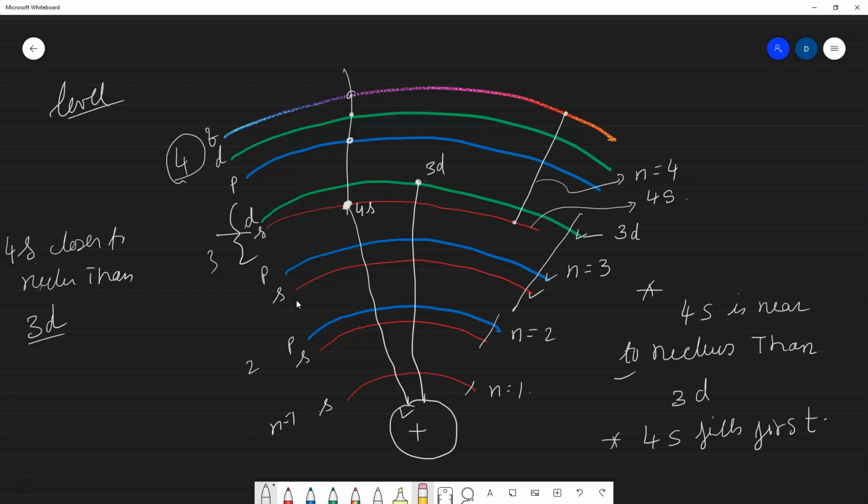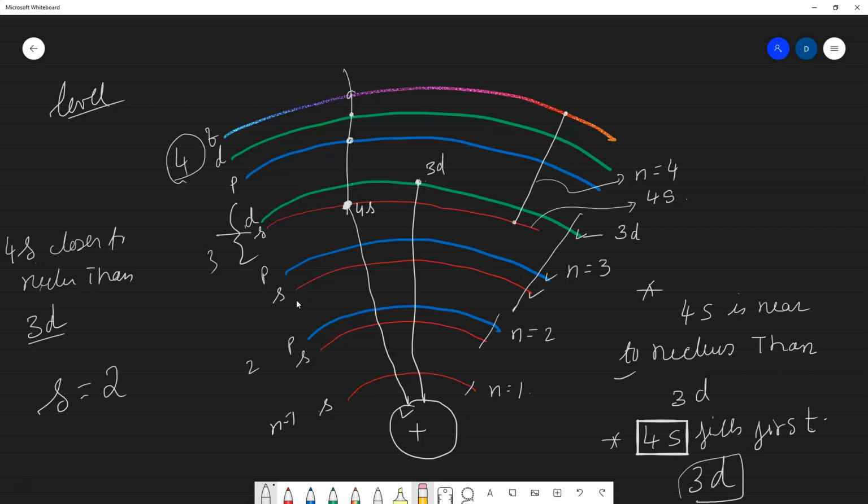So for that reason, the 4s subshell will try to fill first, before the 3d subshell. We'll take an example of this. Keep this in mind. Now remember, any s subshell will have a maximum of 2 electrons.